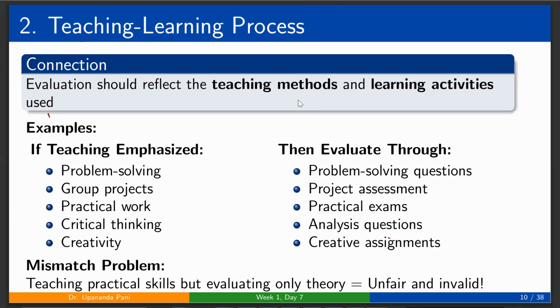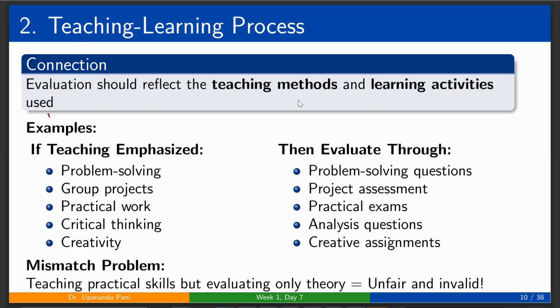Next we will discuss that the evaluation should reflect the teaching methods and learning activities used. Suppose, for example, the teaching emphasized problem solving, meaning group projects, practical work, critical thinking, creativity. Then you can evaluate through problem solving questions, project assessment, practical exams, analysis questions, creative assignments, right?